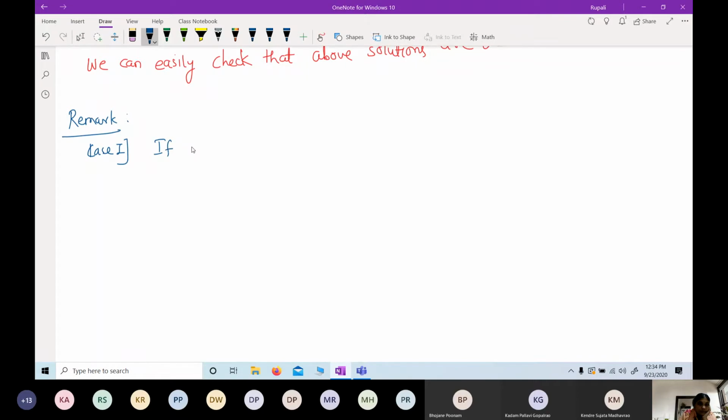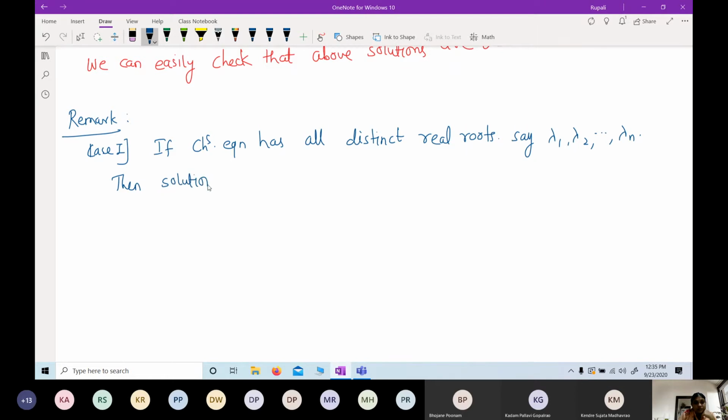If the characteristic equation has all distinct real roots, say lambda 1, lambda 2, up to lambda n, then the solutions will be of the form: what will be the solutions?